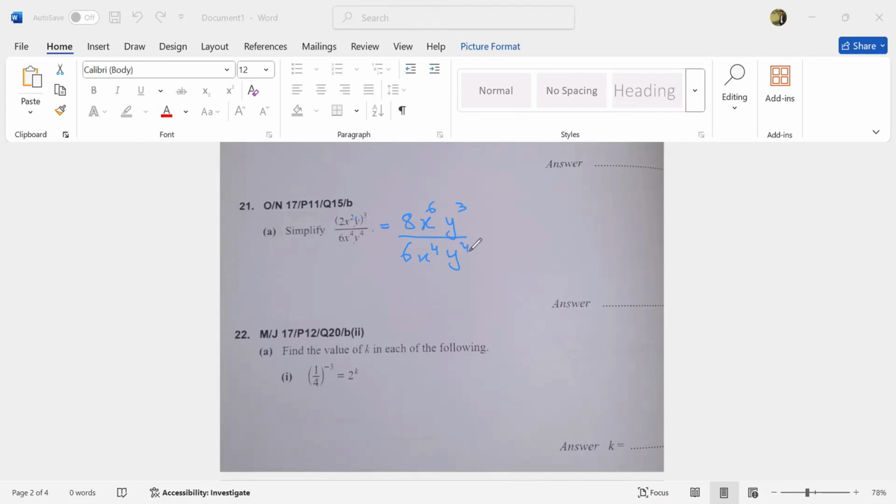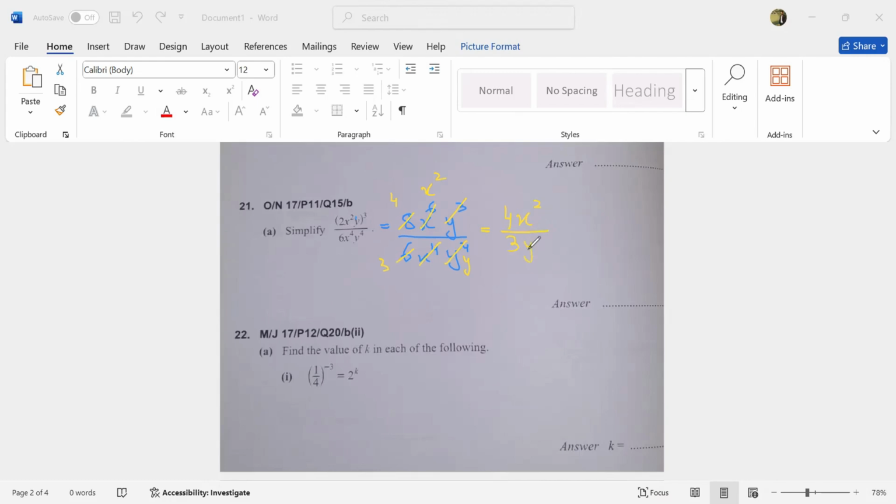Now let's do the cancellation. 8 and 6 we are cutting with the table of 2. 2 3s are 6, 2 4s are 8. In the numerator we have x power 6 and in the denominator x power 4. So we are left with x square. Either you can say we are subtracting or cancelling. So we are left with 4x squared upon 3y as our answer.